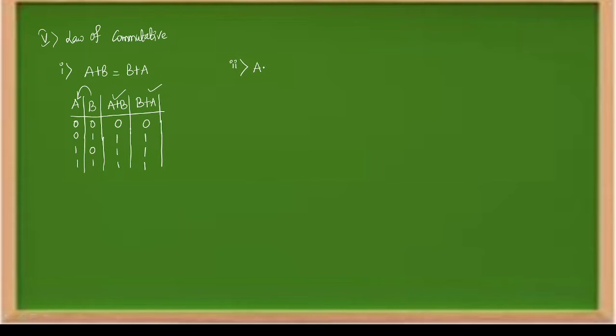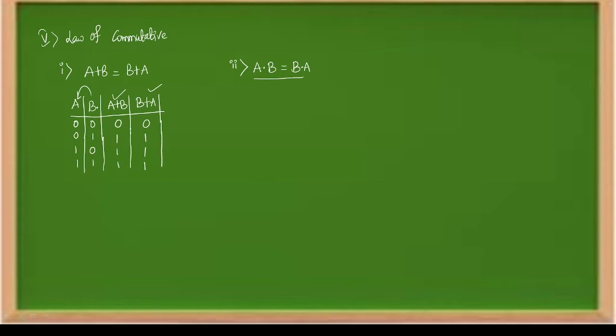Similarly, you can go for the logical AND operation. So A and B is equal to B and A, right? Here I'm giving this as a task for you. You need to draw the tabular column like this.